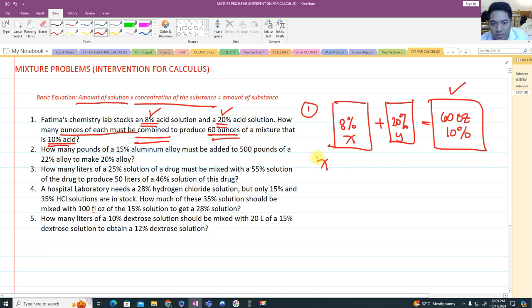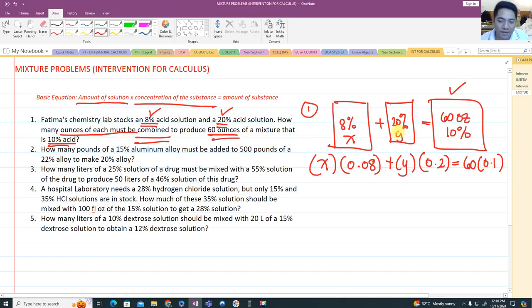The concentration 8% we convert into decimal, so 0.08 times x, plus the amount of solution y, which we don't know, times 20%, that is 0.2, equals 60 ounces times 0.1.